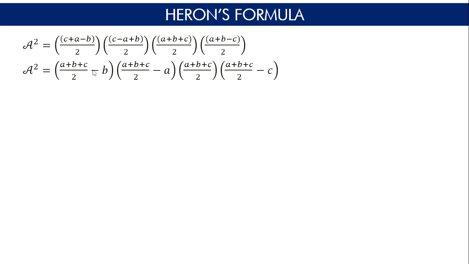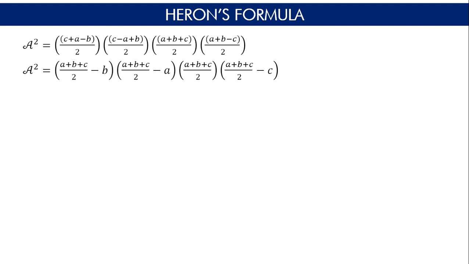If you will simplify this first factor, you will obtain this. Same with this. If you will simplify this, you'll obtain this one. And this one, if you will simplify, you'll obtain this factor. Okay, so as you can see here, we have a plus b plus c over 2 as our expression.